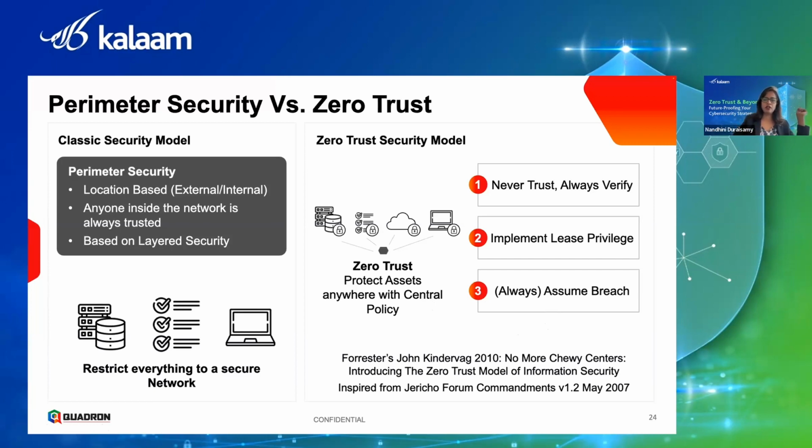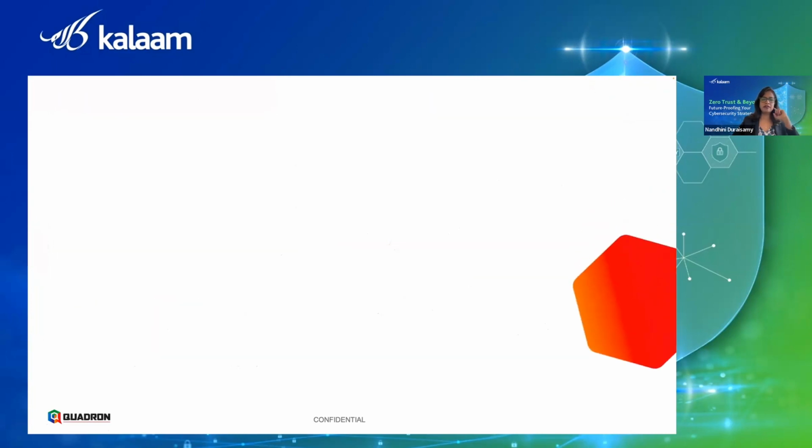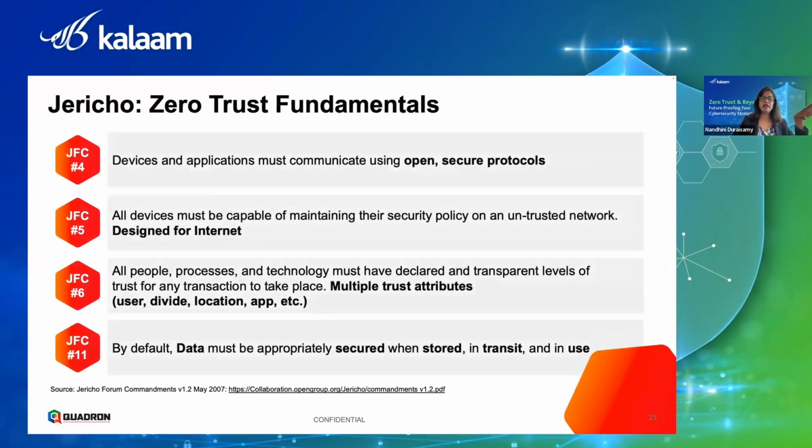So what the Jericho Forum Commandments say about zero trust in 2007 is that all devices and applications must communicate using open and secure protocols, where you will be encrypting all the data. All devices must be capable of maintaining the security policy on an untrusted network. These are your policies and processes, specifically designed for the internet.